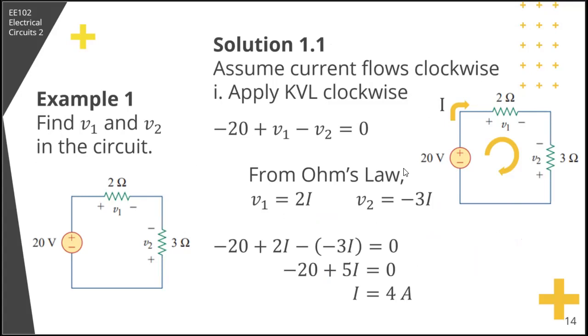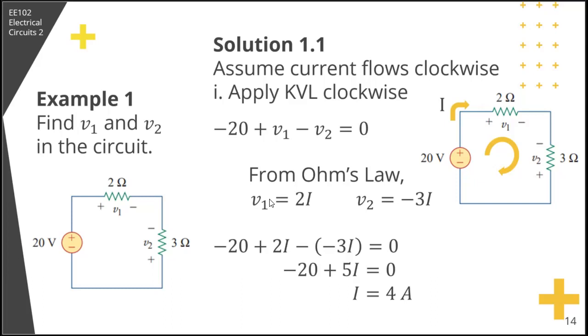Then, according to Ohm's law from the previous lecture, going from higher potential to lower potential, the voltage is positive. Going from lower potential to higher potential, it is negative.